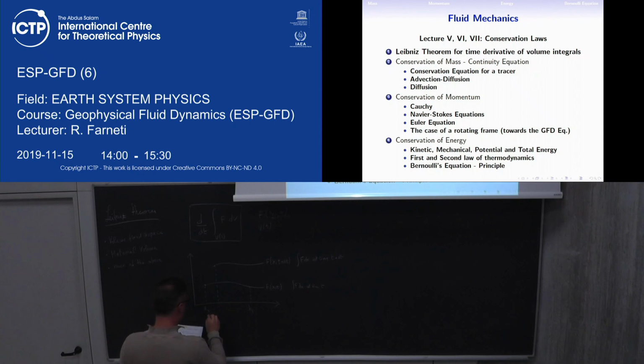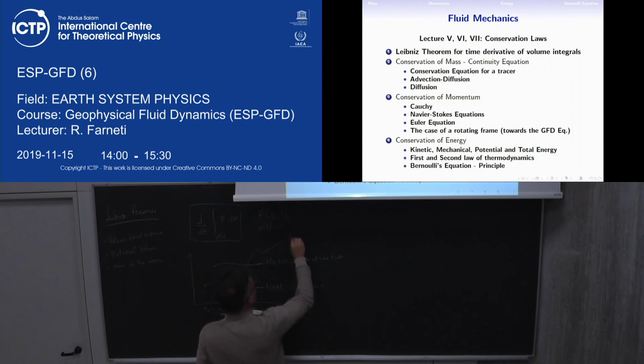So now we have a2 and b2. The limits of integration have changed because in this case our volume is a line segment, and that has changed in time. So this is going to be the change in time after some dt of f dx.